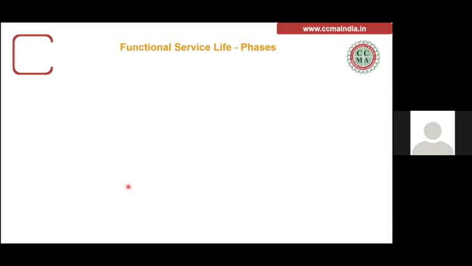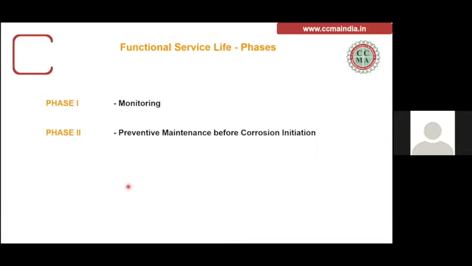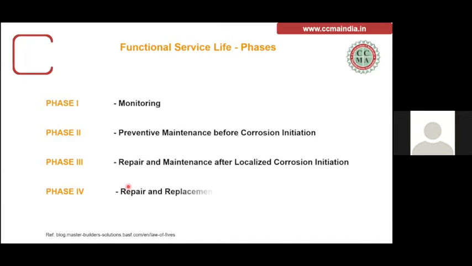But if you see the functional service life, it's divided into four phases. The first phase is the monitoring of the structure. The second phase is the preventive maintenance before the corrosion has initiated. The third phase is the repair and maintenance after the localized corrosion has been initiated. And the fourth phase of the structure is when there is a repair and replacement being done.